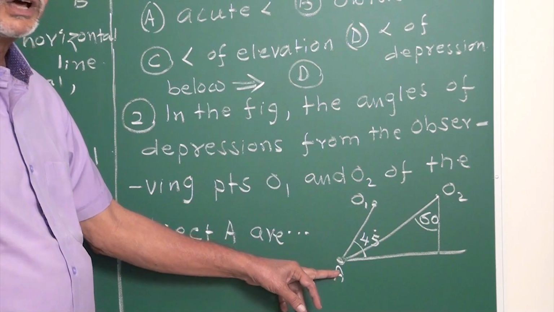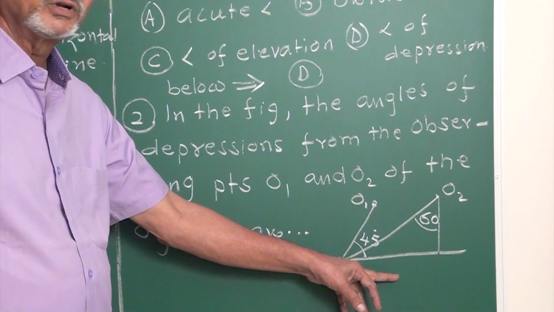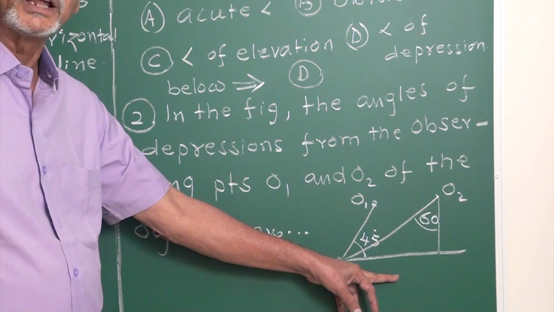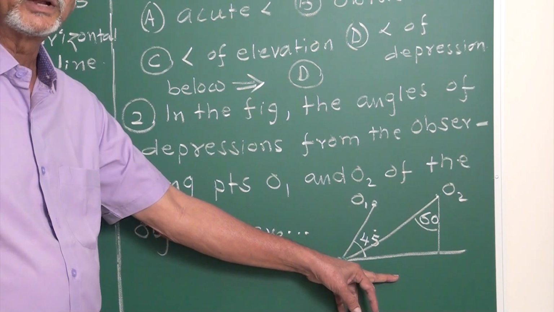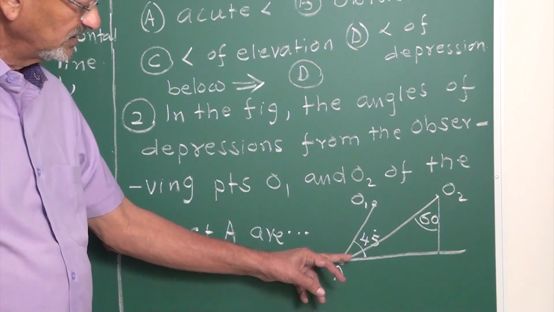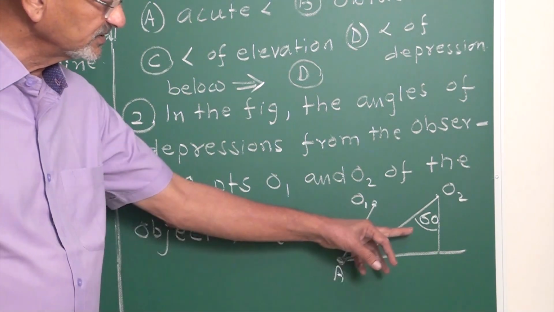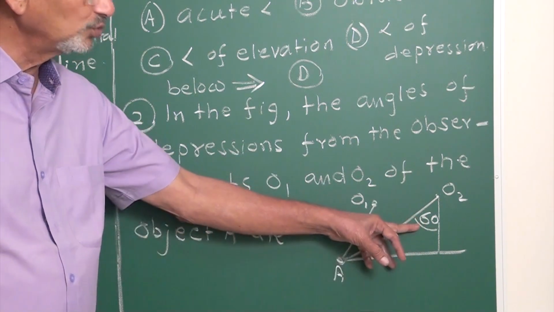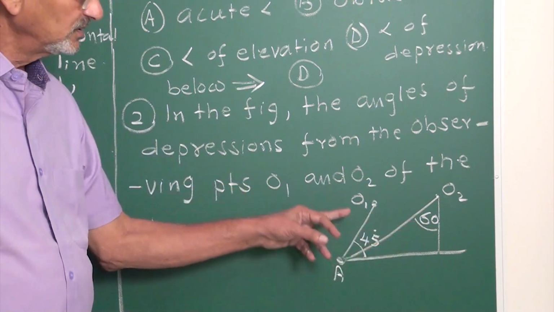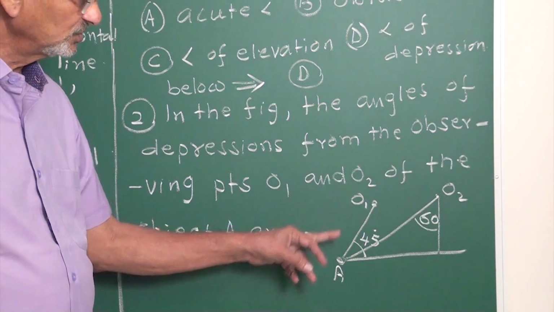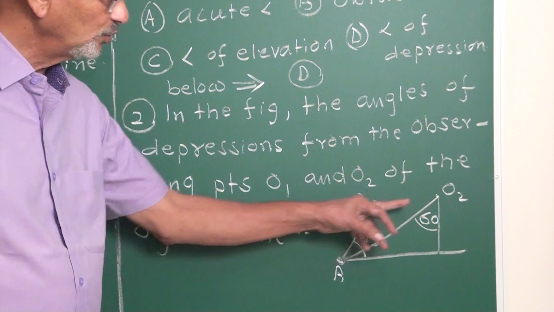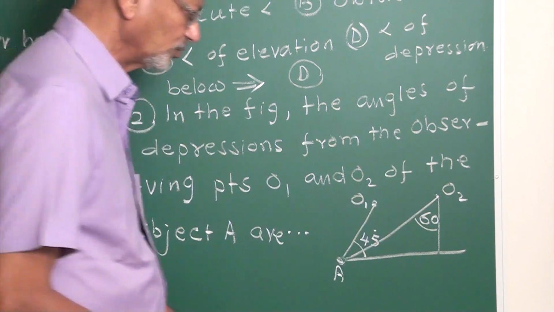Then the angle formed by the horizontal with the line of sight is known as angle of depression. This angle is given as 45 degrees. This angle is given as 60 degrees. With the help of these two, you must find the angle of depressions of the object A from the observing points O1 and O2.